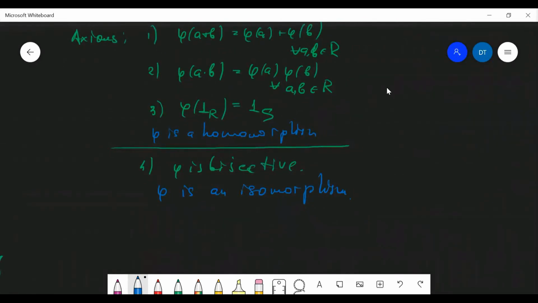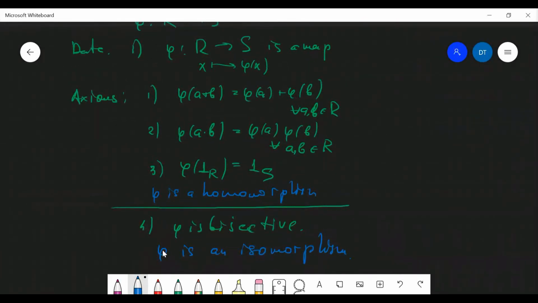So this is the definition of an isomorphism. So, roughly speaking, a homomorphism is a map between two rings preserving all the possible operations, and it also preserves the identity element.